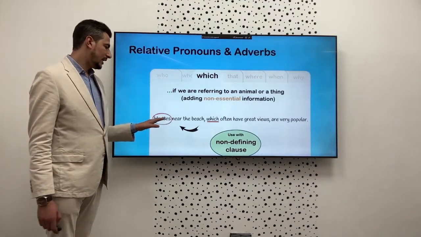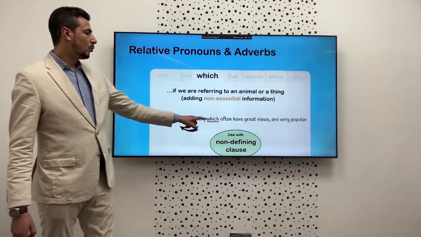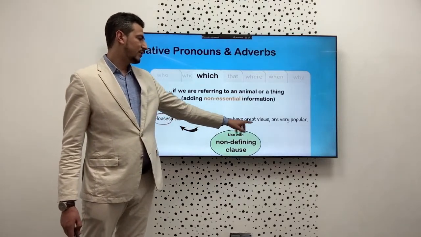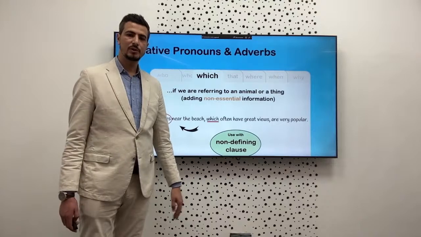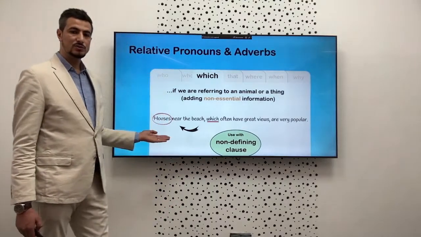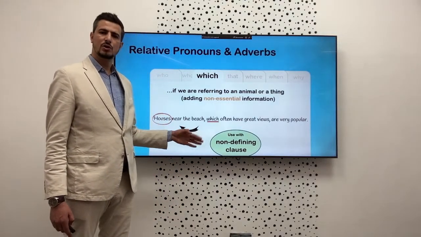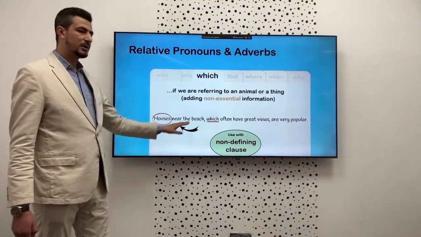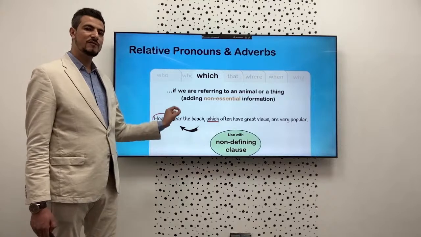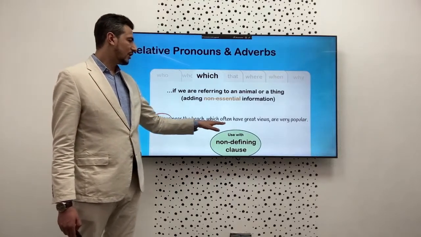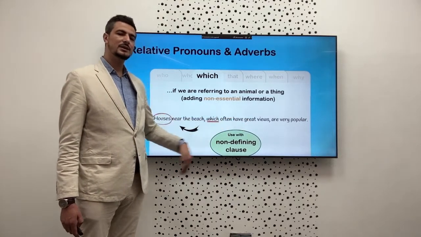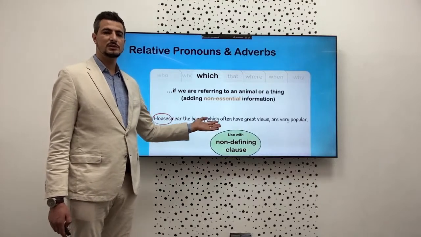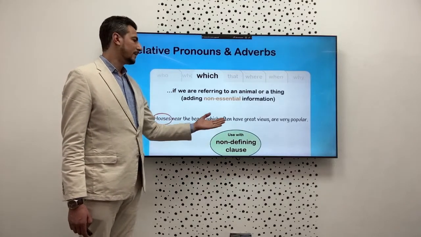For example, houses near the beach, which often have great views, are very popular. I repeat, houses near the beach. Which houses are you talking about? Not all the houses that are near the beach, but I'm specifying, which often have great views, adding extra information. In this example, it's a non-defining clause.